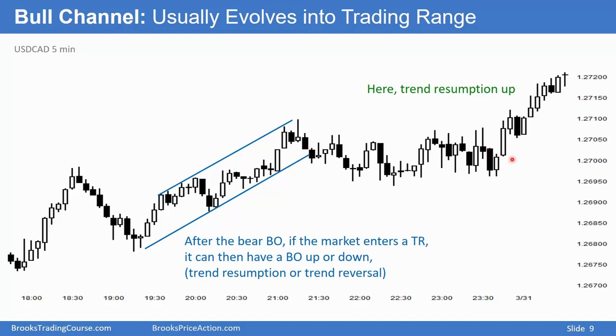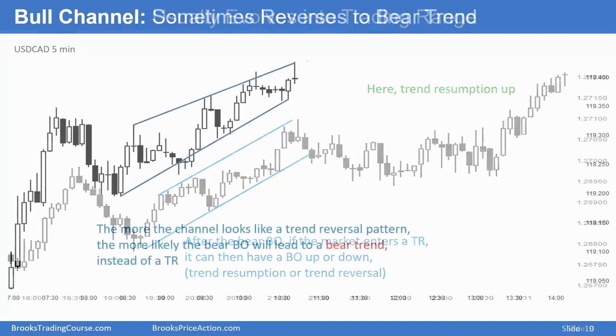But at some point, if the trading range grows to 20, 30, 40 bars, the probability becomes the same for a resumption of the bull trend or a reversal into a bear trend. The bulls see a trading range as a double bottom bull flag. The bears see the trading range as some kind of a major trend reversal, like here, a double top, lower high, major trend reversal.